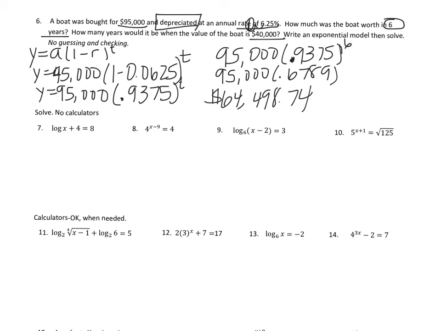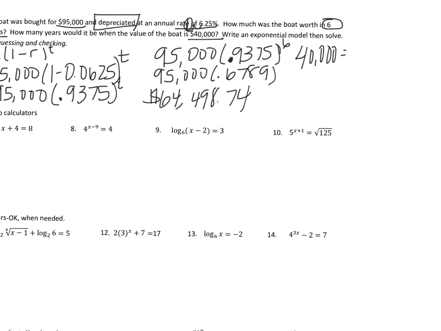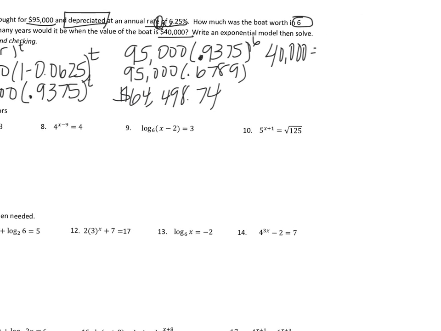Now the second question was, how long will it take to be equal to 40,000? So I don't have enough space there. Let's move this over a little bit. 40,000 equals 95,000 times 0.9375 to the t. I'm going to divide by 95,000.